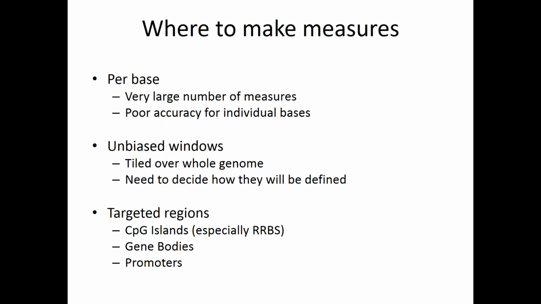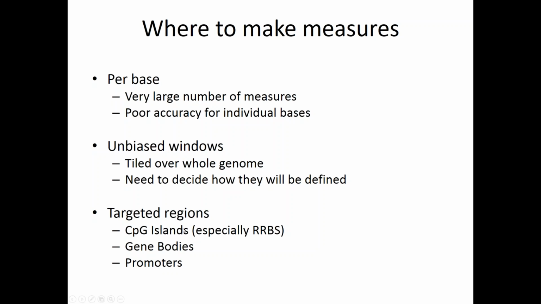If we have whole genome bisulfite, usually we would want to start by doing some kind of unbiased analysis, so tiling windows over our whole genome and measuring those in an unbiased way. Then if the unbiased analysis shows that maybe all gene bodies were the interesting parts, we can go back and target those. It's always best to start without any preconceptions about where your changes are going to be.